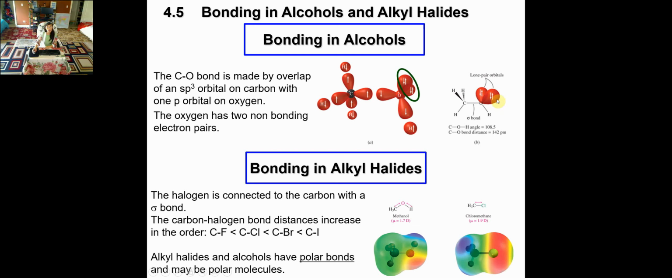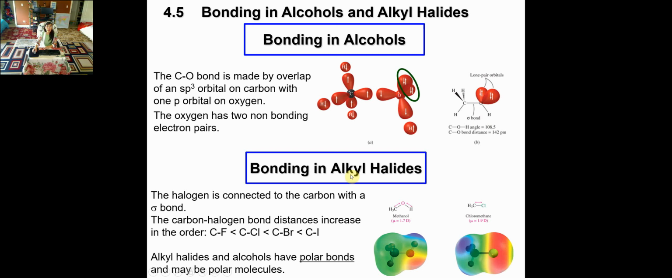This part you need to be cautious about. These lone pairs allow you to form hydrogen bonds, which affects your physical properties. The overlap between carbon and oxygen is along the carbon-oxygen bond, along the line, so this bond is called a sigma bond. It's reasonably strong.